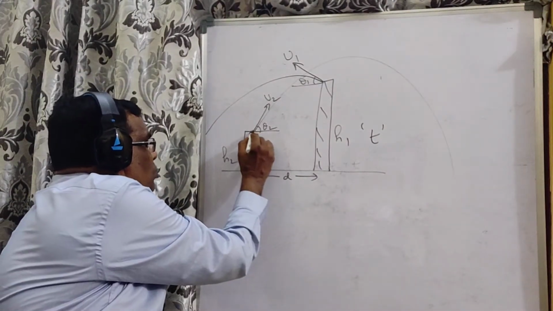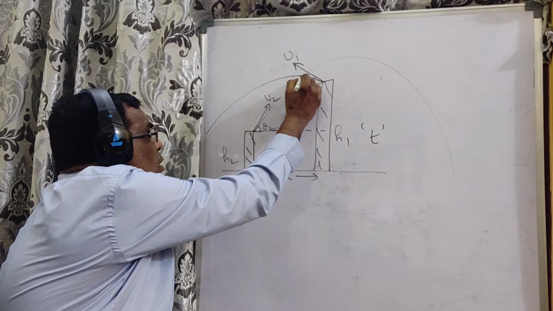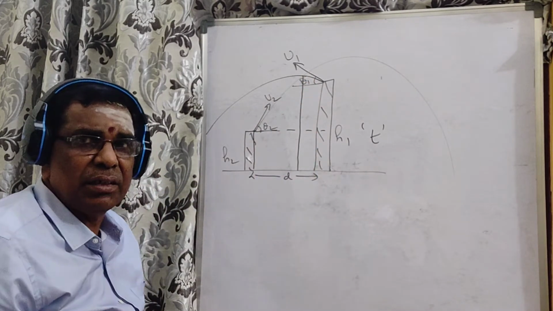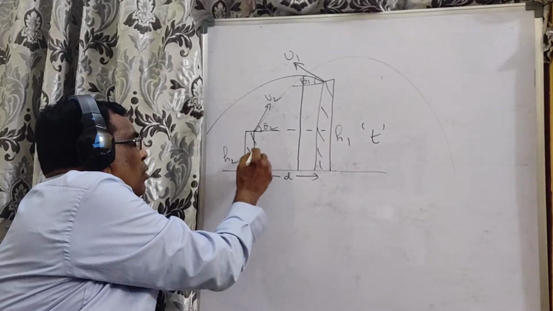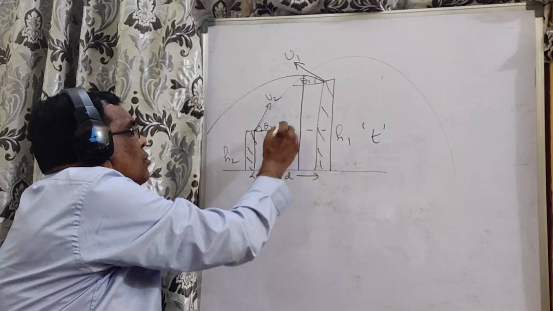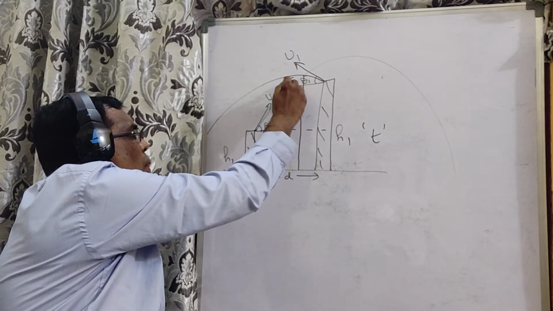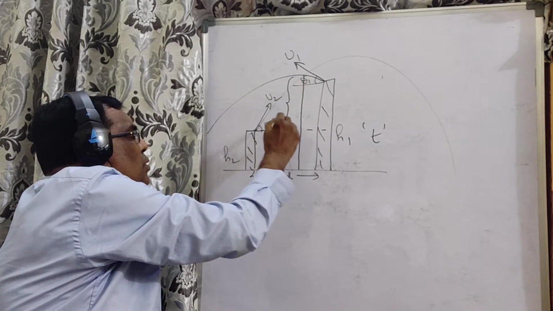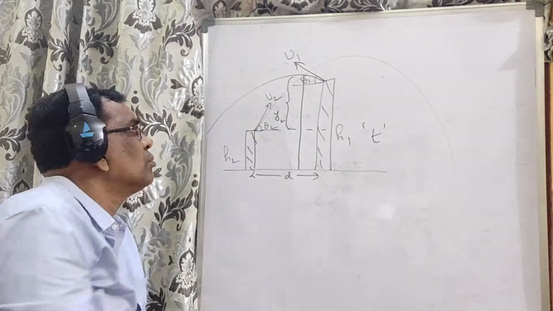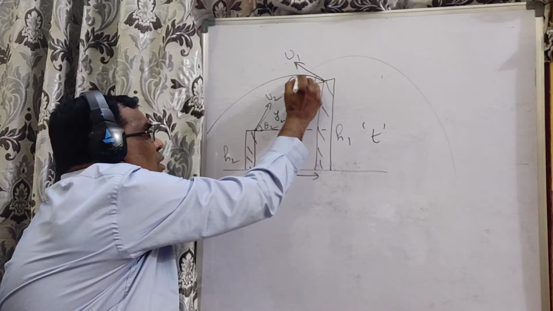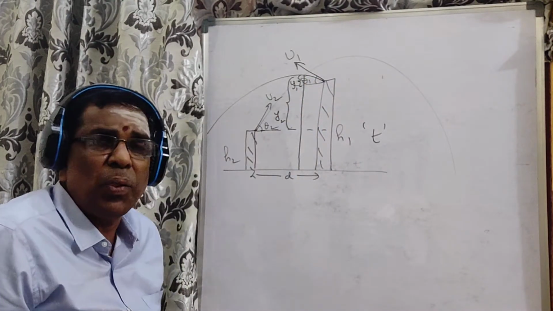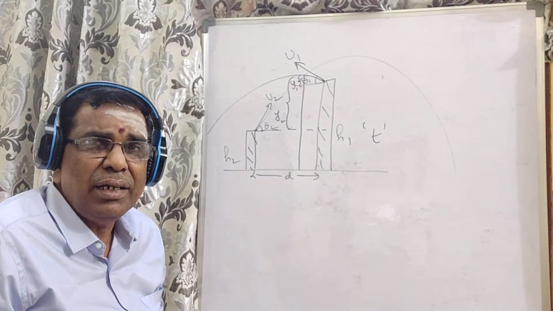Now you see, this is the point of intersection. Okay? Now, from here till here, this is y2. Agreed? And this one is nothing but y1 from this point and above. Okay?